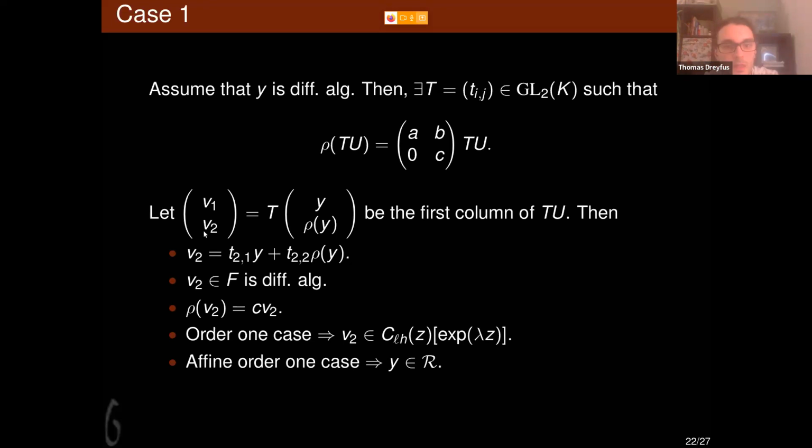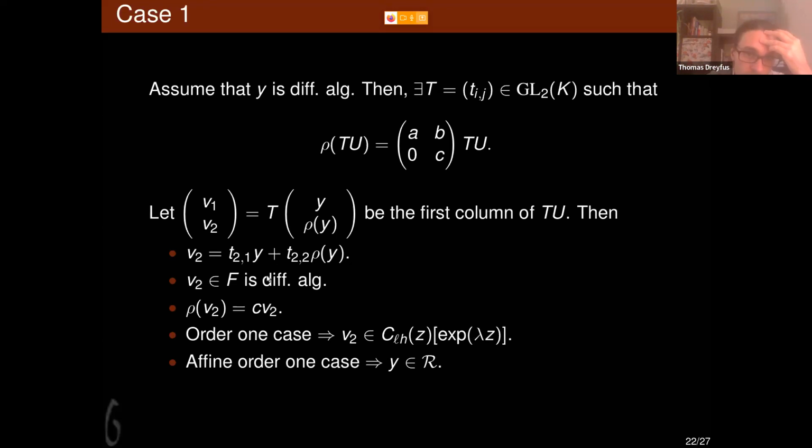So let me make the equation of v2. If you look carefully, rho of v2 equals c times v2. And since v2 is differential algebraic, because y is, we use the order 1 case to prove that v2 belongs to the small ring.